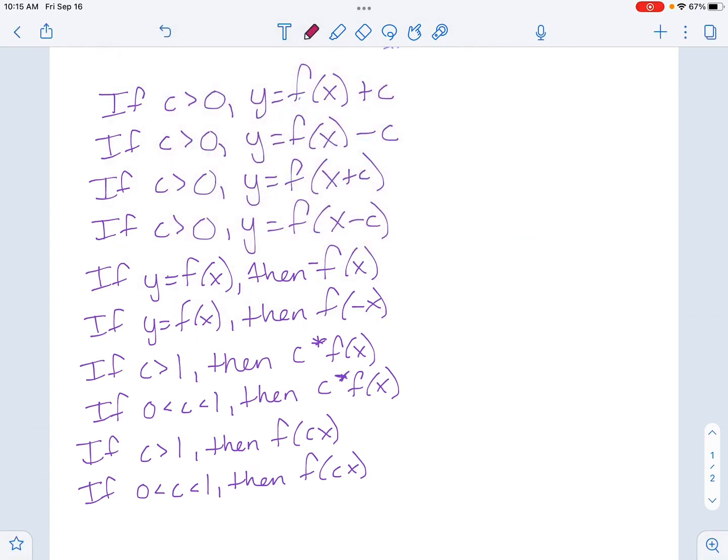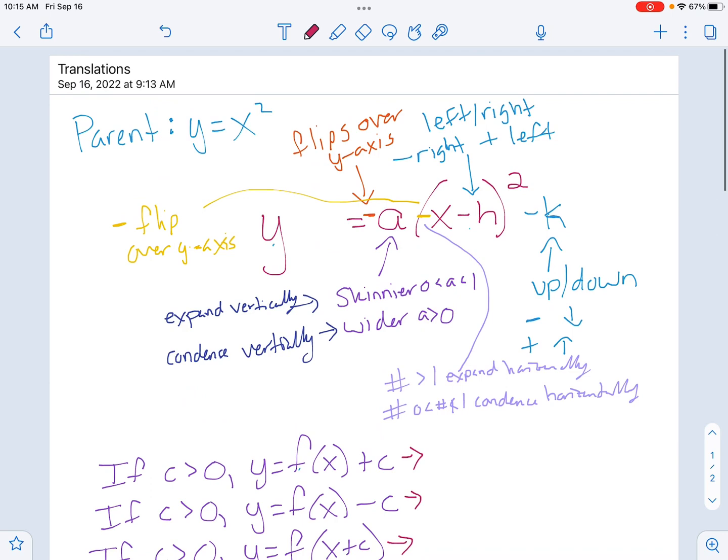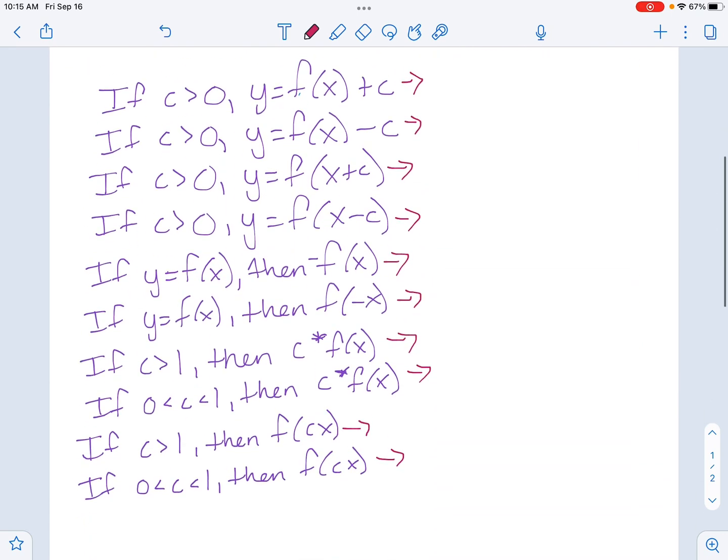So I want you to take a second and write these down, and as you go through the notes, I want you to write next to it, I would use a different colored pen, what happens to the graph when we do all of these things. And we're going to start relating these to compare it to this, but this is how you write it formally. So go ahead and fill out those notes.